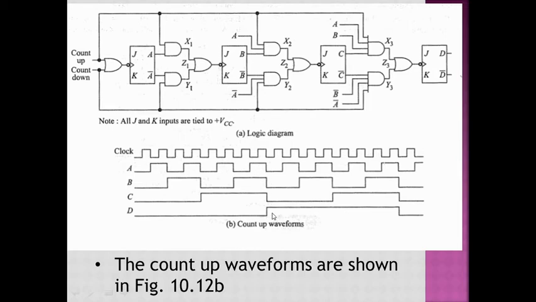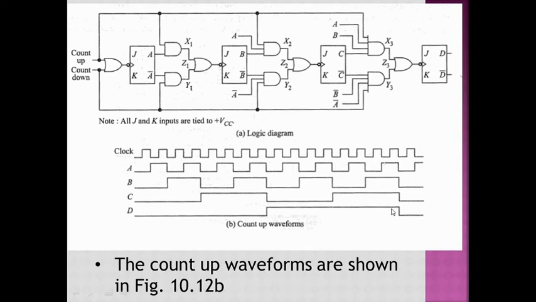Then state number 8, that is 1, 0, 0, 0. State number 9, 1, 0, 0, 1. State number 10, 1, 0, 1, 0. 11, 1, 0, 1, 1. 12, 1, 1, 0, 0. 13, 1, 1, 0, 1. 14, 1, 1, 1, 0.